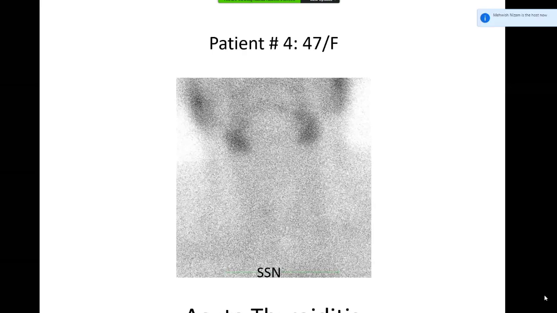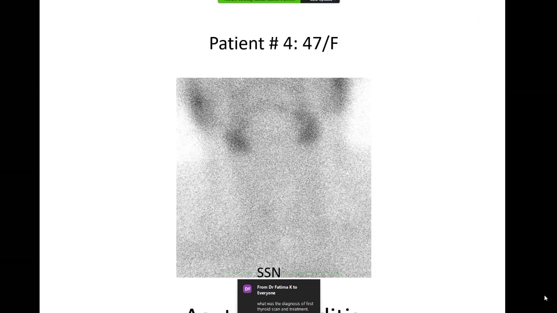A cold nodule doesn't always mean malignancy, only 15%, but certainly compared to hot nodules, which almost never give rise to malignancy, 15% of cold nodules would have malignancy. And that could be cold either on iodine or on pertechnetate. So basically you don't diagnose malignancy on that.